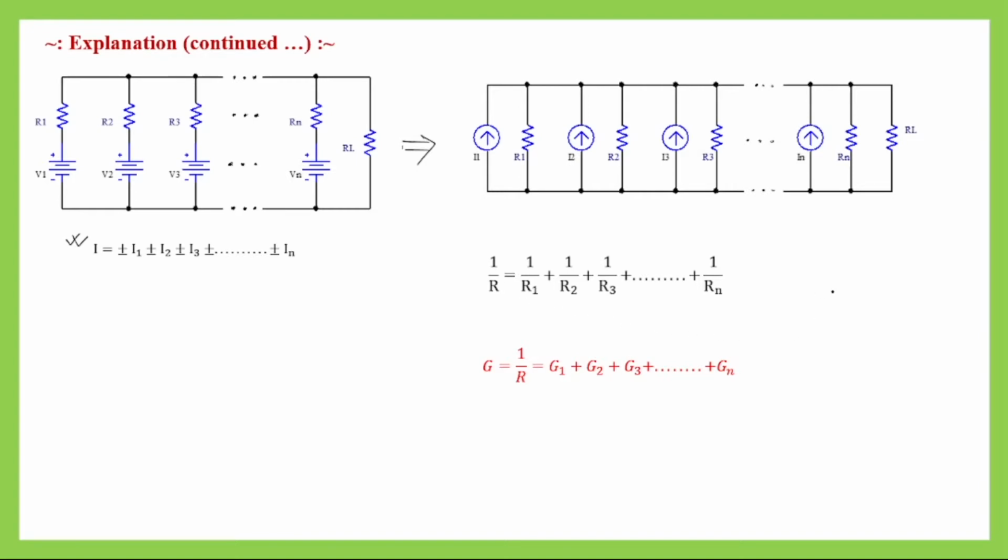Since we know the conductance is nothing but the reciprocal of resistance, if R is the equivalent resistance of the whole DC network other than this load resistor, then the equivalent conductance will be simply 1 by R. That means it will be G1 plus G2 plus G3 and so on till Gn, where G1 is the reciprocal of the resistance of the first branch, and G2 can be obtained by taking the reciprocal of that resistance value.